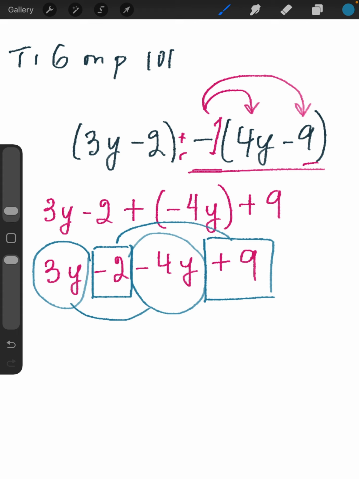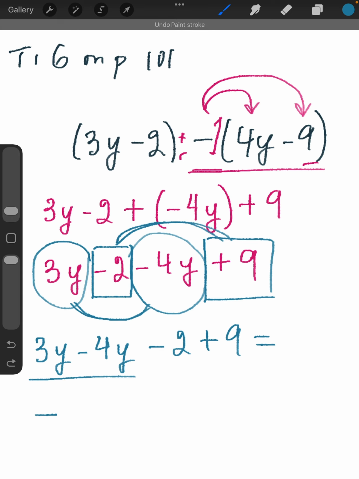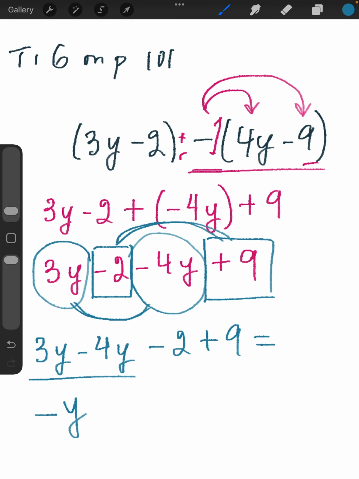So let's do that. 3y minus 4y minus 2 plus 9. So we just reshuffled them a little bit so it's more convenient for us to calculate. And now we'll solve it as usual. So 3y minus 4y equals minus 1y, which usually we just write down as minus y, right? And then negative 2 plus 9 equals positive 7. And that is your final simplification of this problem.